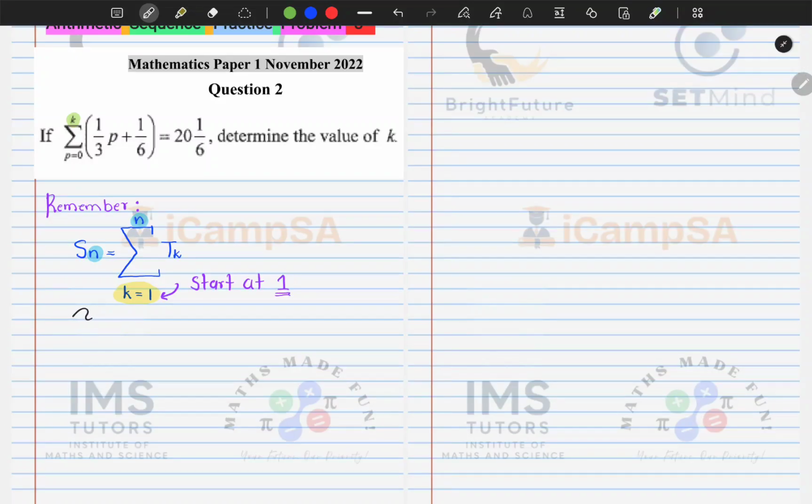So what we can do is we can go now and say our sum, which is from p is 0 up until k of 1 over 3p plus 1 over 6. What we can do is we can make it start from 1 by taking the p and substituting it here. So we'll have 1 over 6 into, it's 1 over 3.